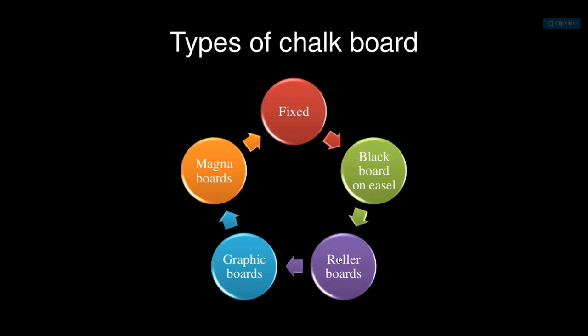Then rollerboard, which we use in our multipurpose hall when we give any kind of presentation on the projector. Then graphic boards, magna board is like the slates which we use in our school class. Then fixed board, green board, the boards which are fixed in our classrooms.